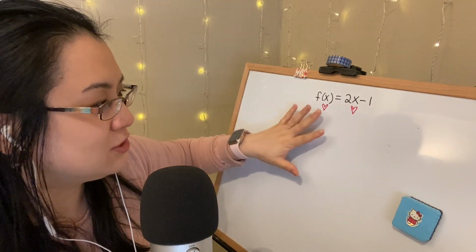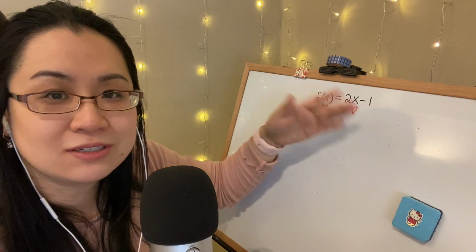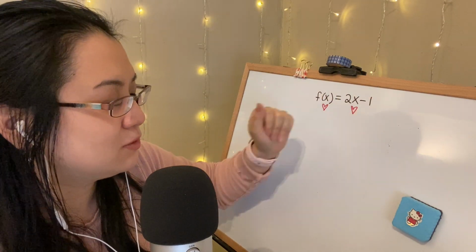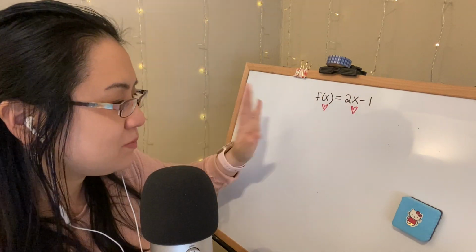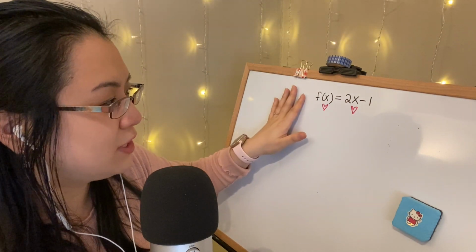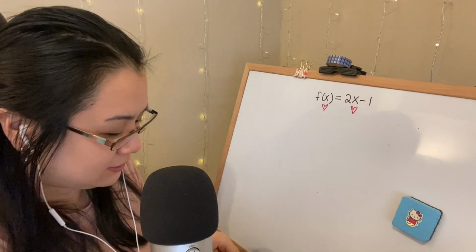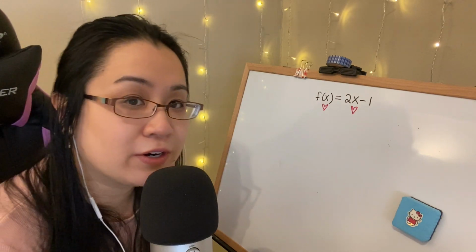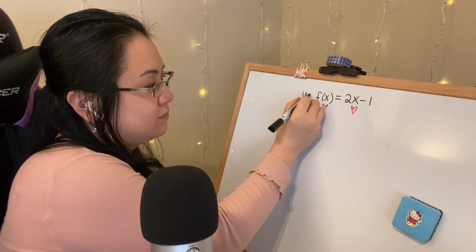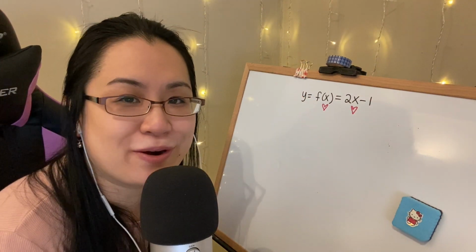So it's just a little game. Input, output, input, output. So usually what we'll have here is it says a function of x, but usually we'll have another variable. Let's just go ahead and put a y.